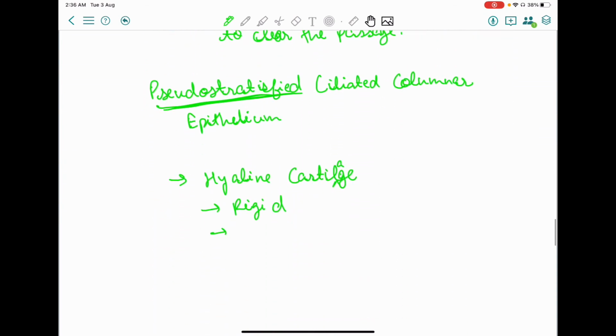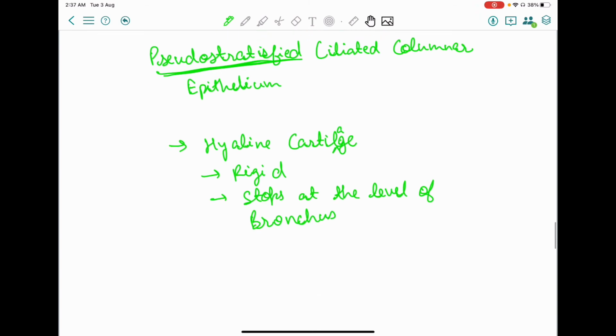No. Then where does this hyaline cartilage stop? It stops at the level of the bronchus.